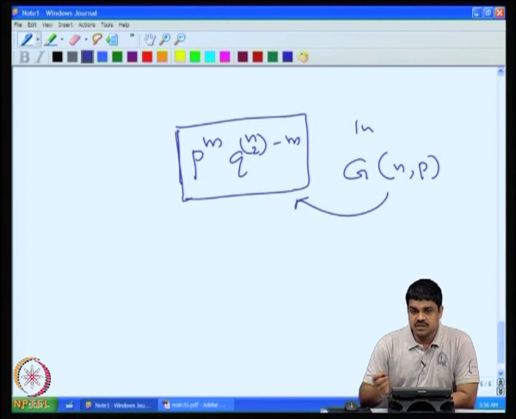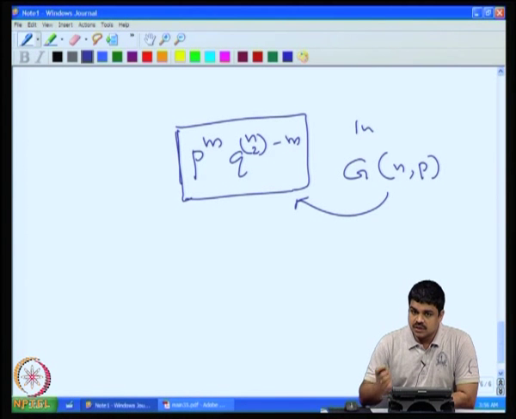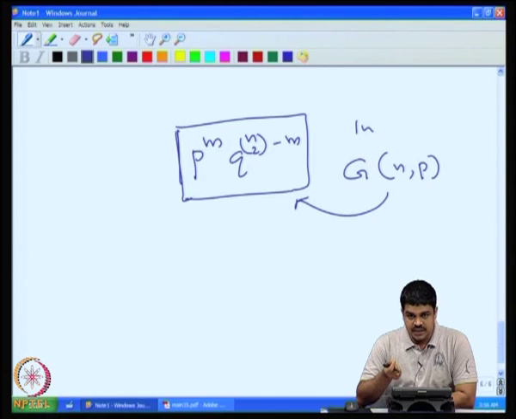So, again to summarize, what the student has to understand is that we have created a probability space G(n,p). The elements of the sample space of G(n,p) are essentially the graphs on n vertices, all possible graphs on n vertices.